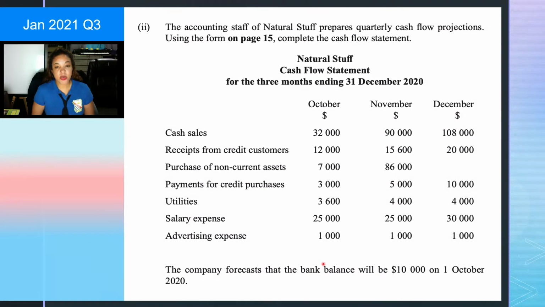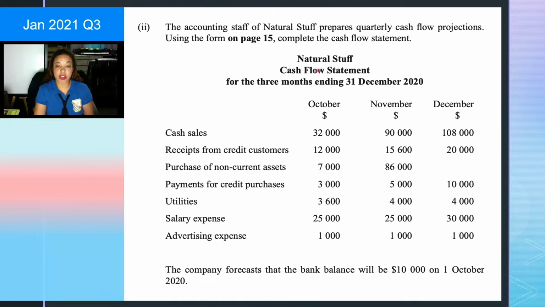So the best way to ever really get something is to do an example. So what we are going to do is this very, very simple example. And you see that we have the information here. And they're asking you to prepare a quarterly cash flow projection. Quarterly means what? 3 months.